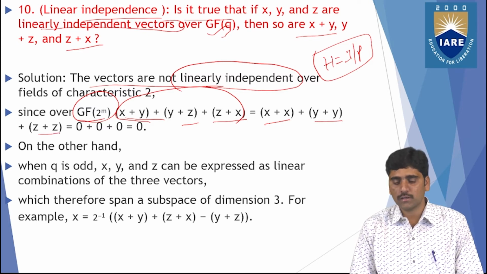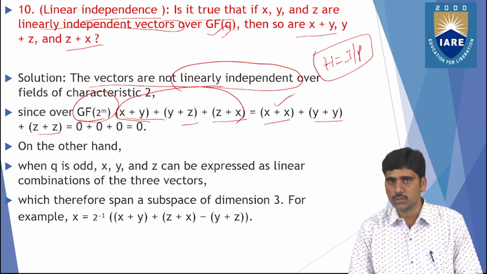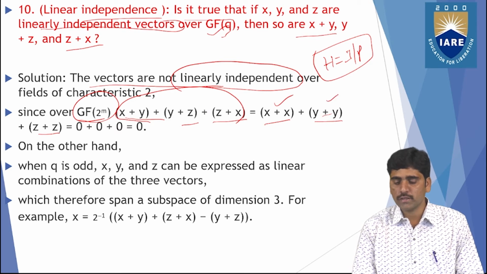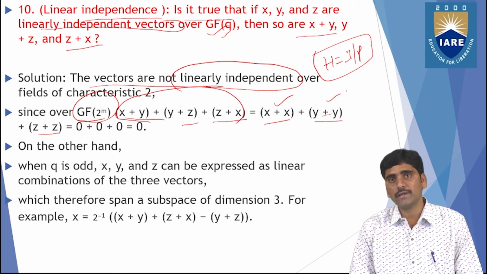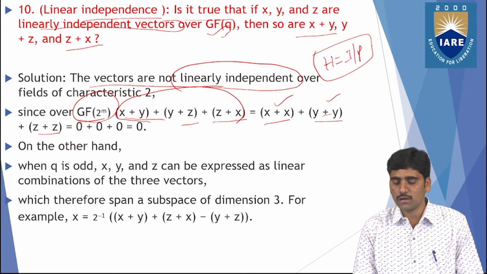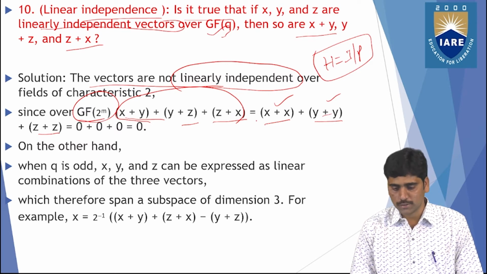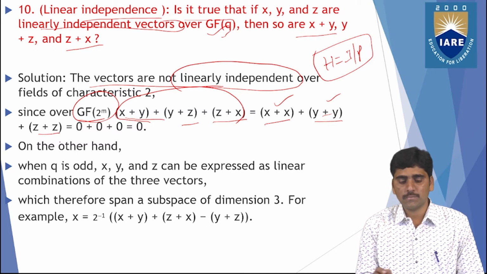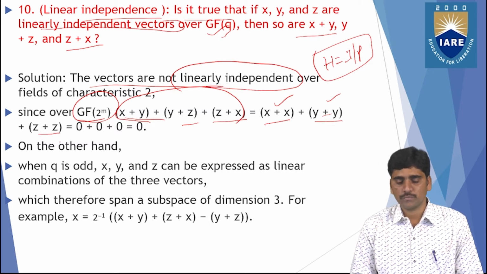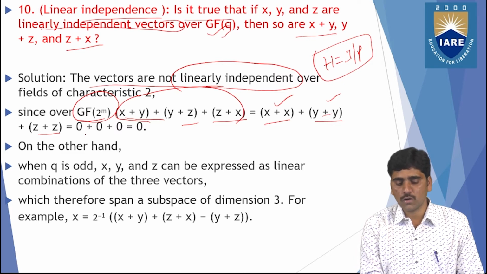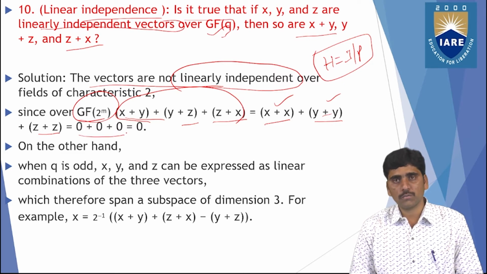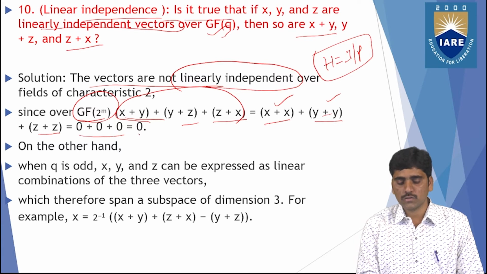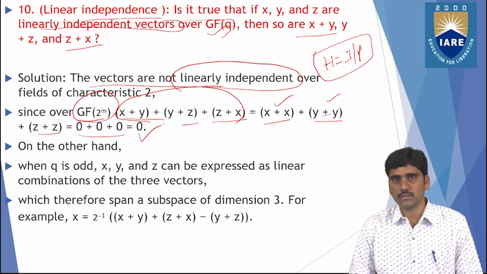That is nothing but x plus x equals 0 and y plus y equals 0, and z plus z equals 0. So we can substitute all these zeros here: 0 plus 0 plus 0 equals 0.